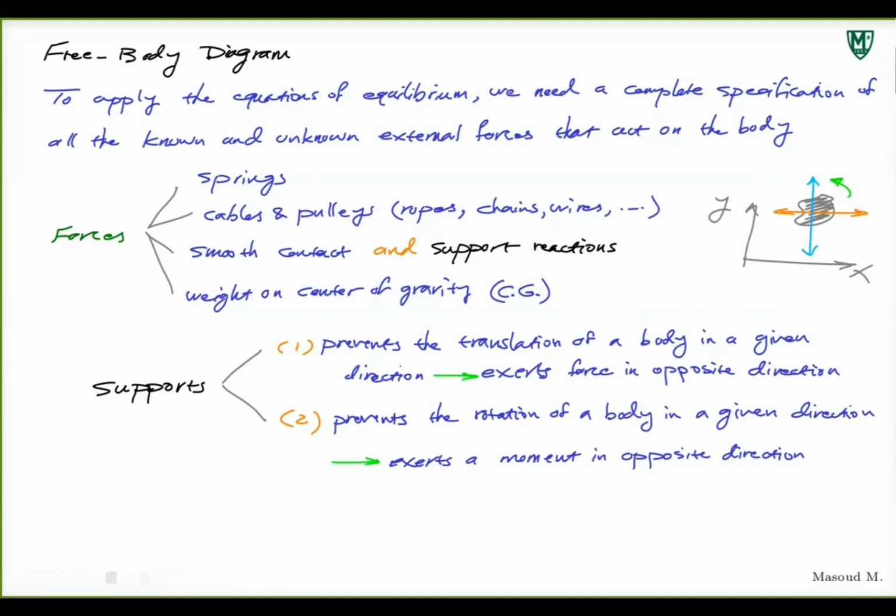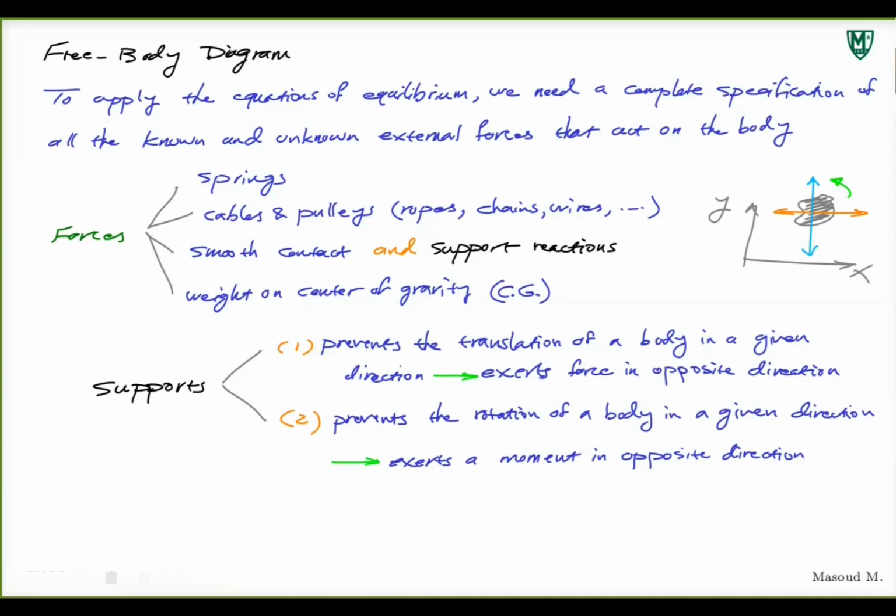If I remove my fingers, this can rotate, but it's not supposed to, because it's still part of a system. I'm just drawing the free body diagram. So I have to put a moment in the opposite direction to make sure it stops this from moving. So every time I remove a support, I have to take into account the type of forces and moments I have to replace that support with, to make sure that my rigid body is still in equilibrium and cannot move.